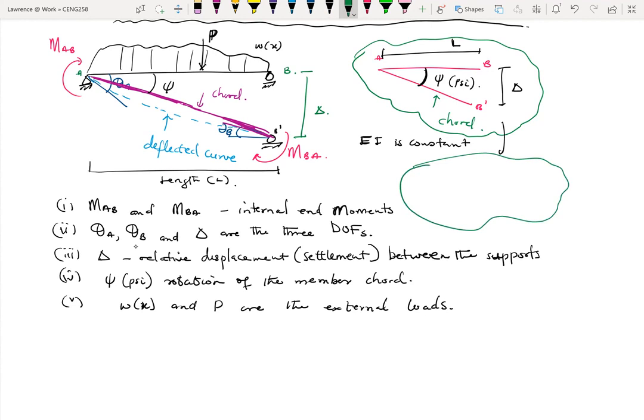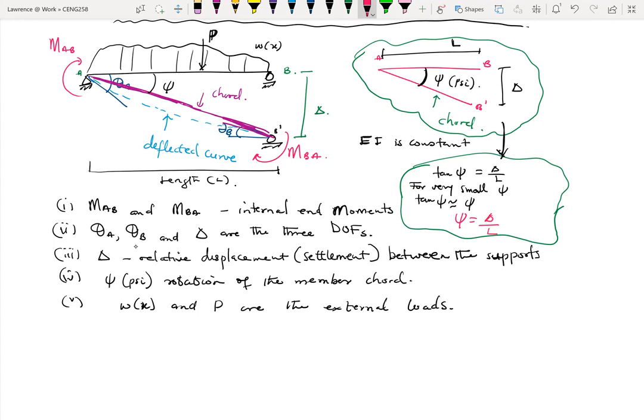If I use tan, then tan psi is equal to delta over L. So for very small angles of psi, we can assume that tan psi is approximately the same as psi, which means that psi is equal to delta over L. This equation will be useful to us very soon. So psi is equal to delta over L.